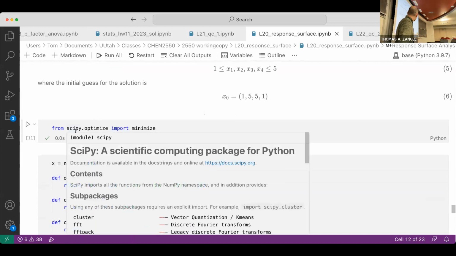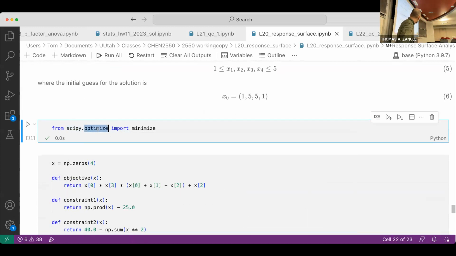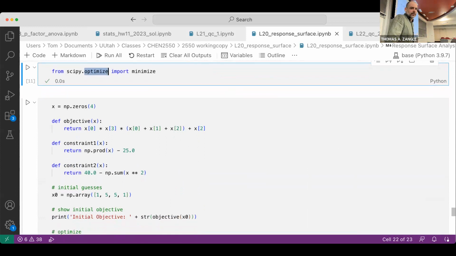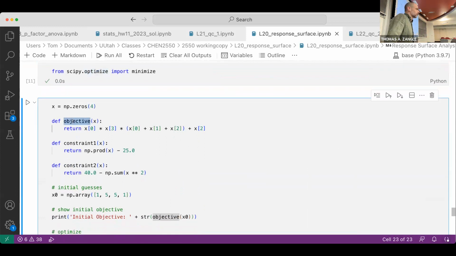So in this case, we're going to be using the SciPy library and the minimize function from the SciPy library. We have to define an objective or cost function, and this is the thing that we're trying to minimize. And so this resolves to what was written up above in the equation above.